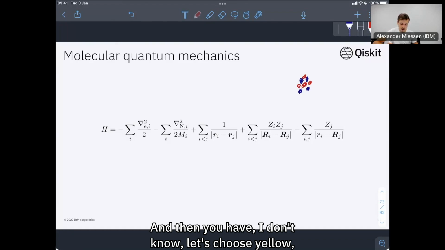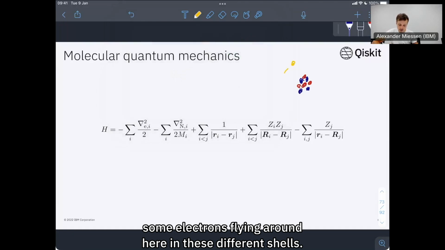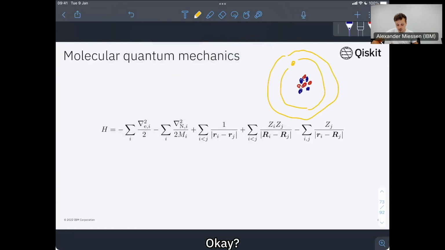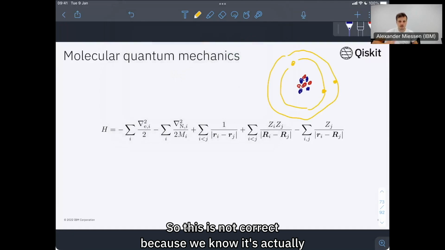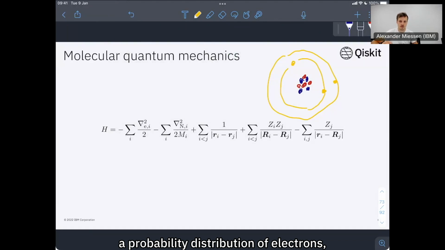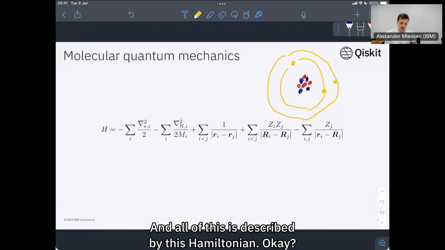And then you have, let's choose yellow, some electrons flying around here in these different shells, okay? So this is not correct because we know it's actually a probability distribution of electrons, but you still have electrons and nuclei, and these interact with each other and have some motion, and all of this is described by this Hamiltonian, okay?